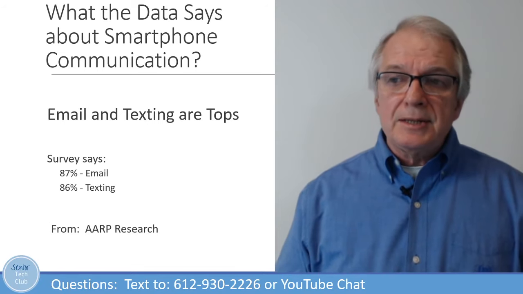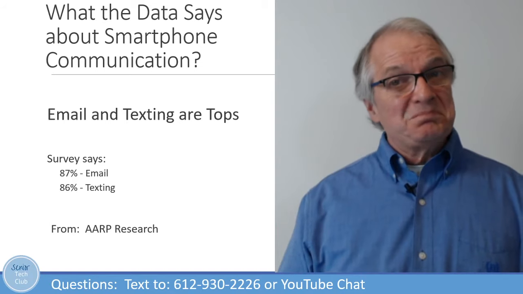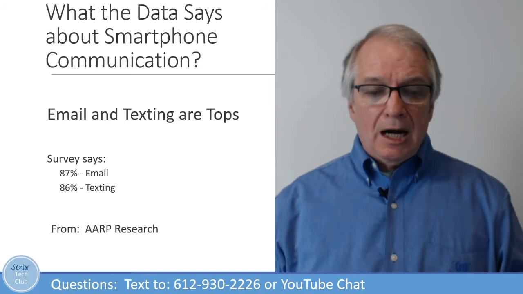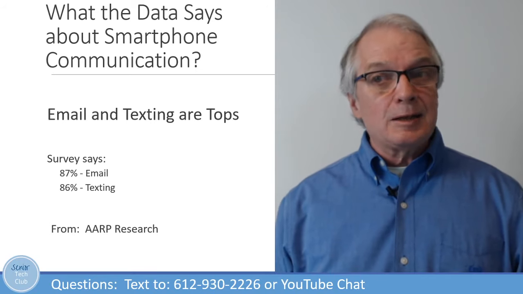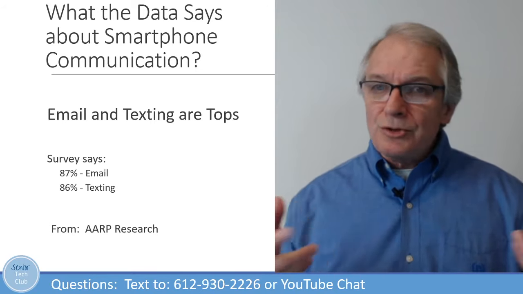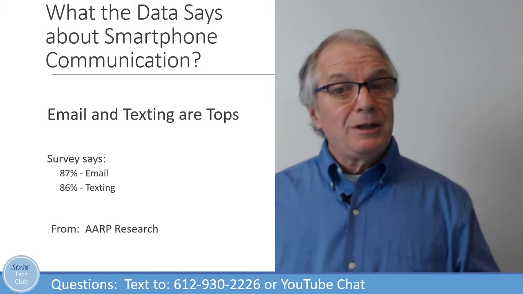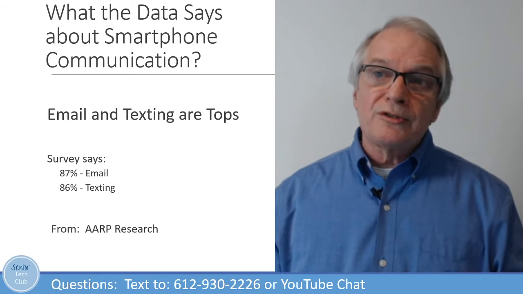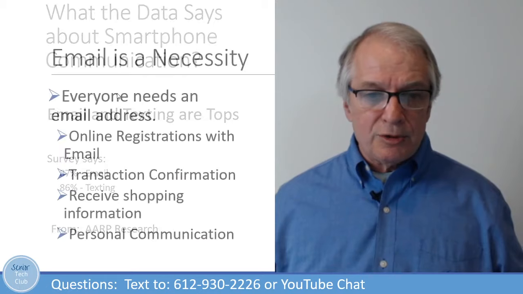The survey says that nearly everybody is using email, right? 87%. And texting is close behind at 86%. So you take a look at those two, texting and email. Those are really critical tools for communicating with your smartphones.